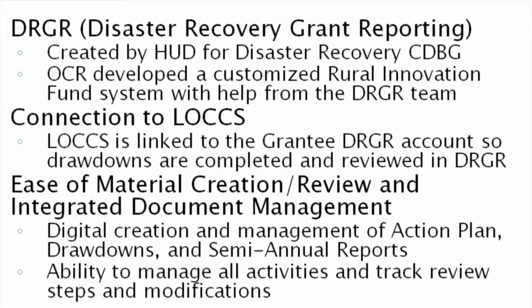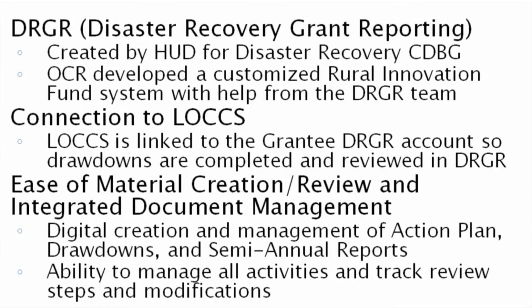OCR has been successful working with the Disaster Recovery CDBG team to tailor a reporting system especially for the RIF program. This system will allow for drawdowns, reporting, tracking reviews, editing the narratives, projects and activities, and performance measures. It's a one-stop shop for all.